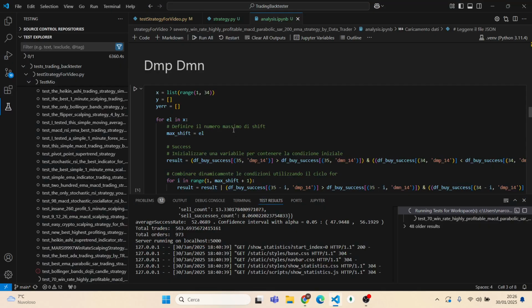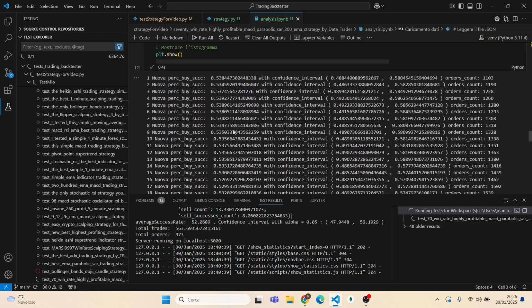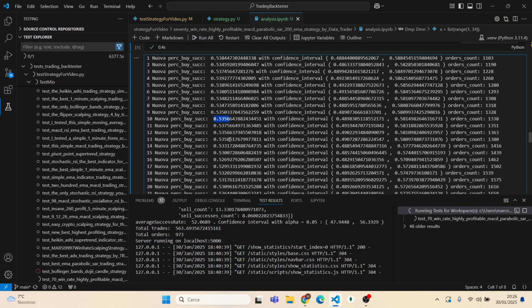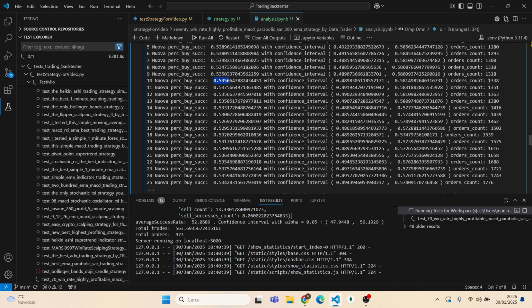Back to the statistical analysis file and see the results. By checking it, what I have found is that if you check for it in the last 10 candles, you would have improved the buy by a 0.5% win rate, and you would not have lost so many trades, and that's good.